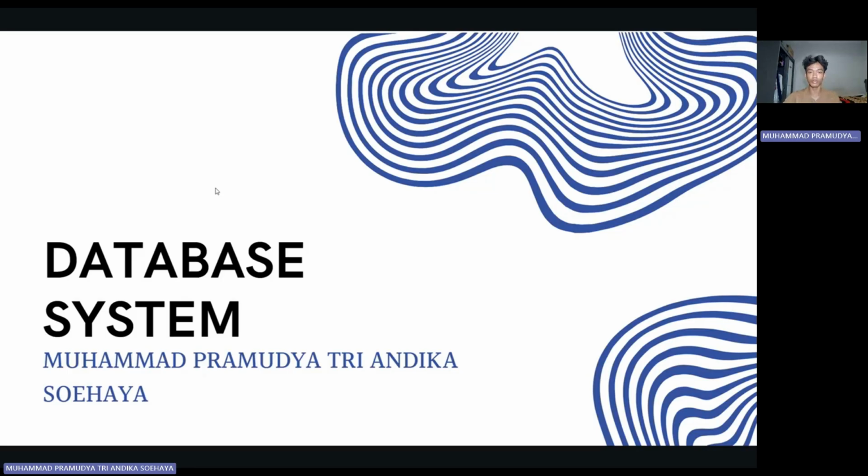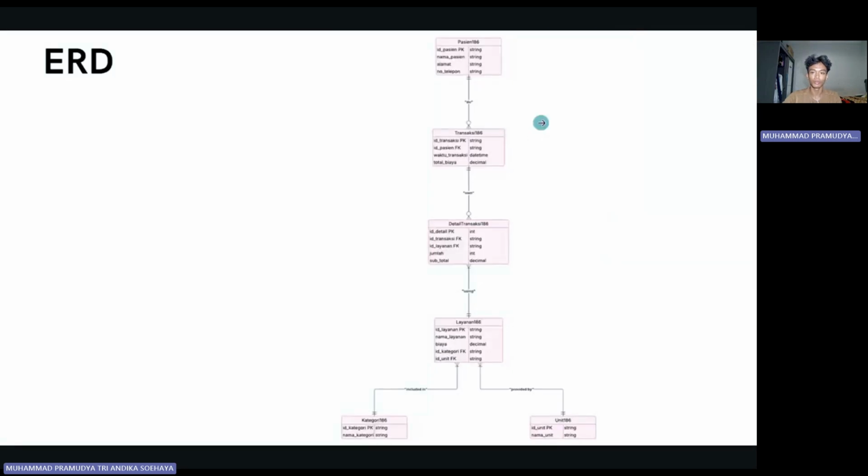Section 1 is the entity relationship diagram, or ERD. Our database design centers around 6 core entities that model a hospital payment workflow. From here we have Patient 186 that contains core entities storing patient demographics.